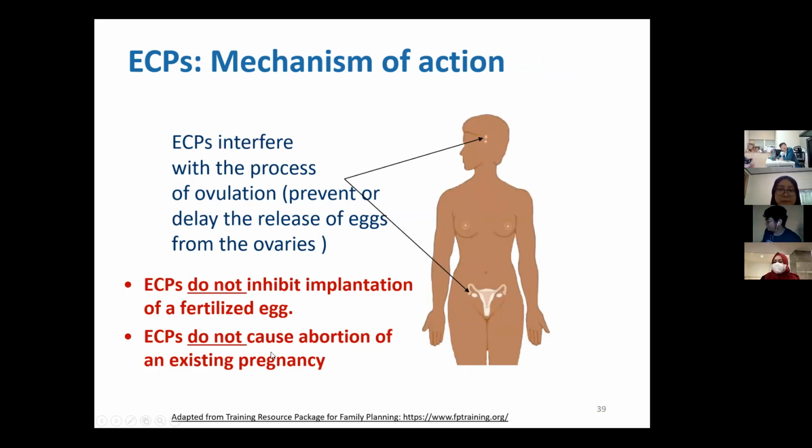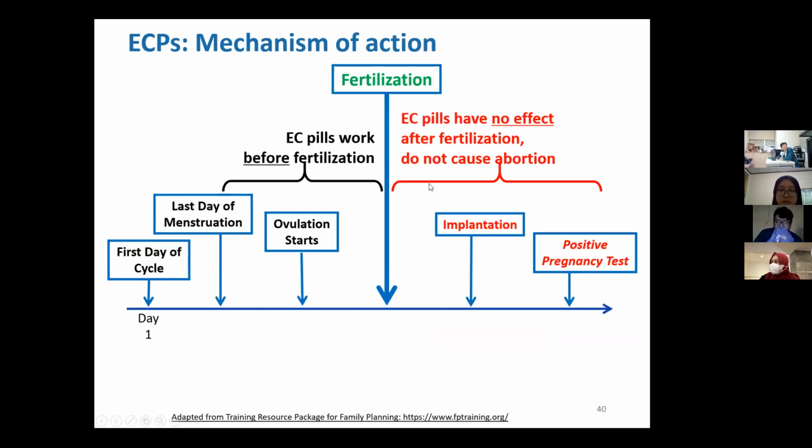If you already have a pregnancy, it's too late, and it will not cause abortion. The ECP works before fertilization; it will influence the ovulation.